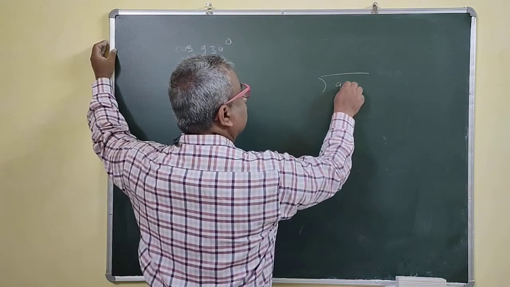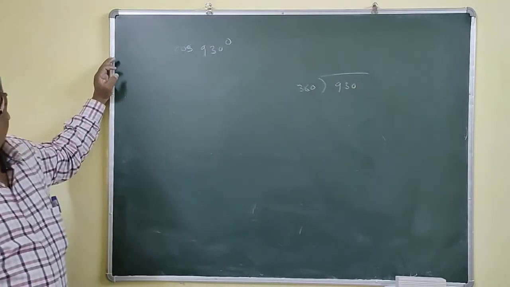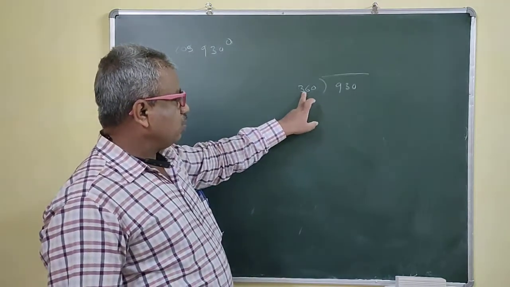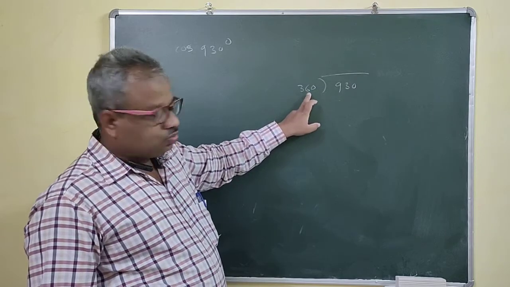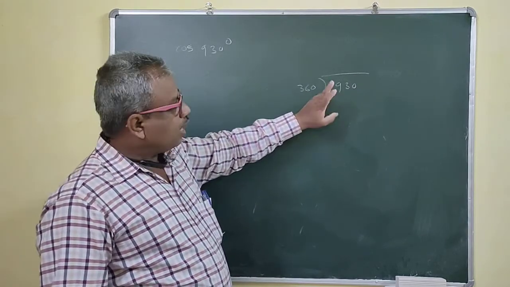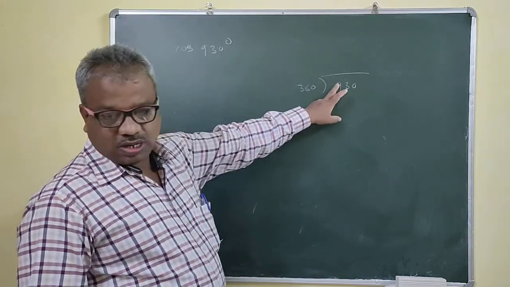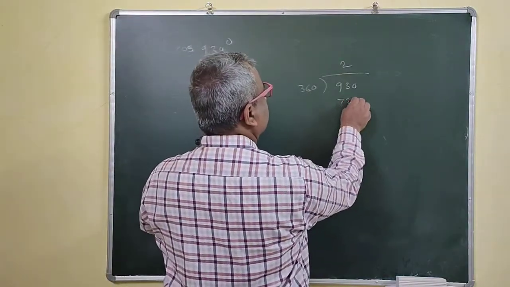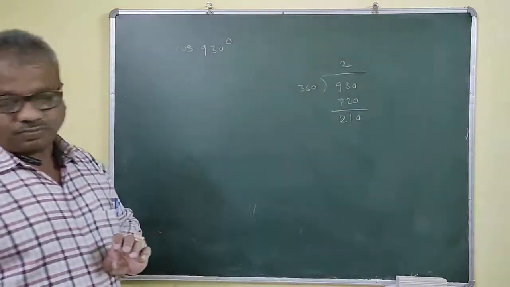Forget about the degree for now. 930 divided by 360: 2 times 360 is 720, which is less than 930. If you take 3, it is 1080, but this number is less than 1080. So you have to take 2 here, which is 720.